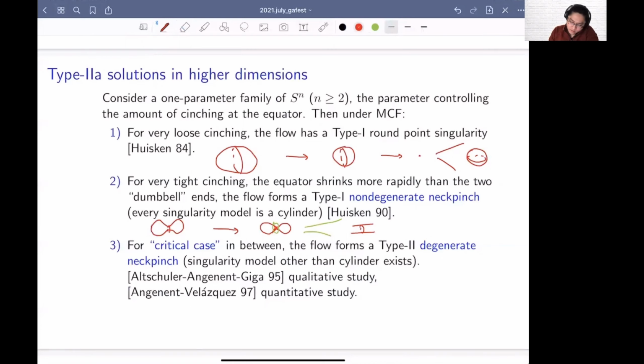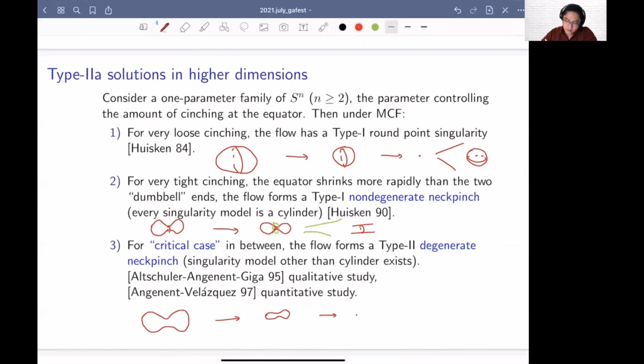And it turns out that there's some intermediate case between scenario 1 and 2. It still looks something like this. So this is a mean convex but a non-convex solution. But it's possible that it just disappears into a point. And depending on where we base our point to carry out the blow-up analysis, we will see different singularity models.